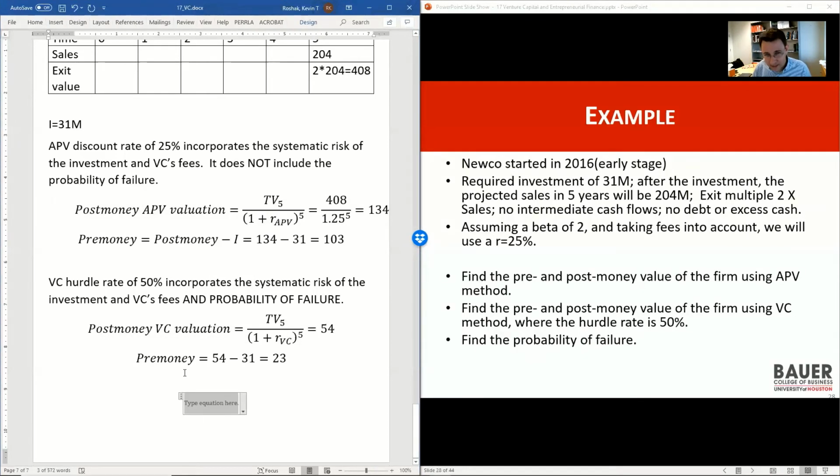The way to think about this, to spell this out, we'll solve for the probability of success first. It's a little bit easier to do that. The probability that the company actually succeeds, we're going to multiply that by the value of the company if it succeeds.